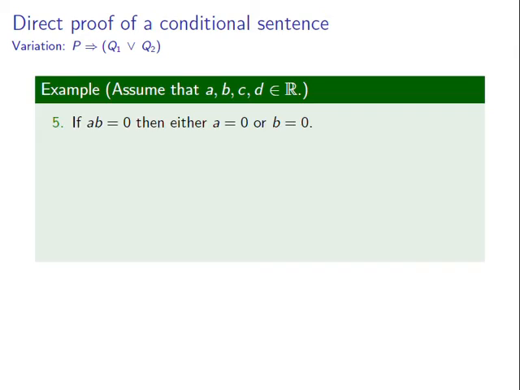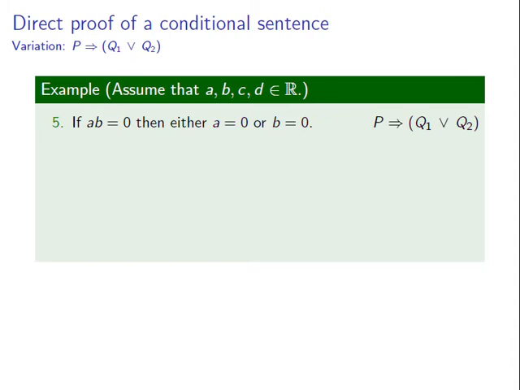For example, consider the claim: if A times B equals 0, then either A equals 0 or B equals 0. Let P be the sentence A times B equals 0, Q1 be the sentence A equals 0, and Q2 be the sentence B equals 0.